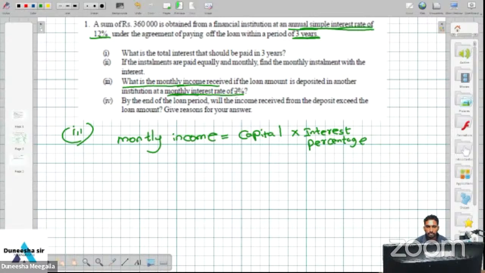Okay, what is the capital? අපේ capital එක කියන්නේ 360,000 නේද. අපි අර loan එක ගත්ත එක ගිහිල්ලා deposit කරනවා වෙන bank එකක හරි මොකක් හරි institution එකක. Then multiply by the percentage. The percentage එක දන්නවා. You know the percentage. Then what is the monthly income?